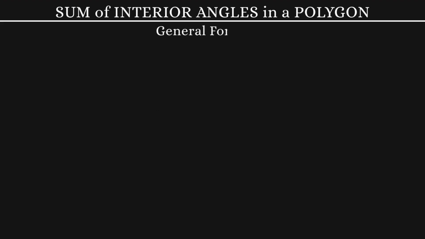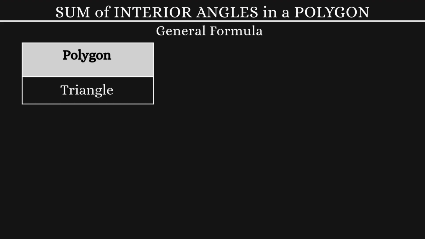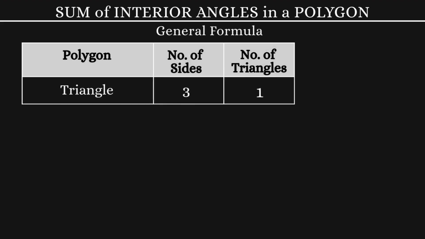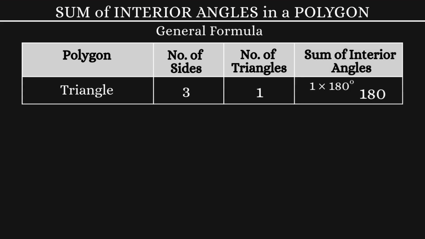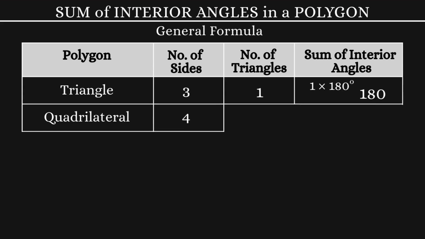Now, to generalize, a triangle has three sides and the sum of interior angles is 180 degrees. A quadrilateral has four sides and it can be divided into two triangles. So, the sum of interior angles is 2 into 180, which is 360.